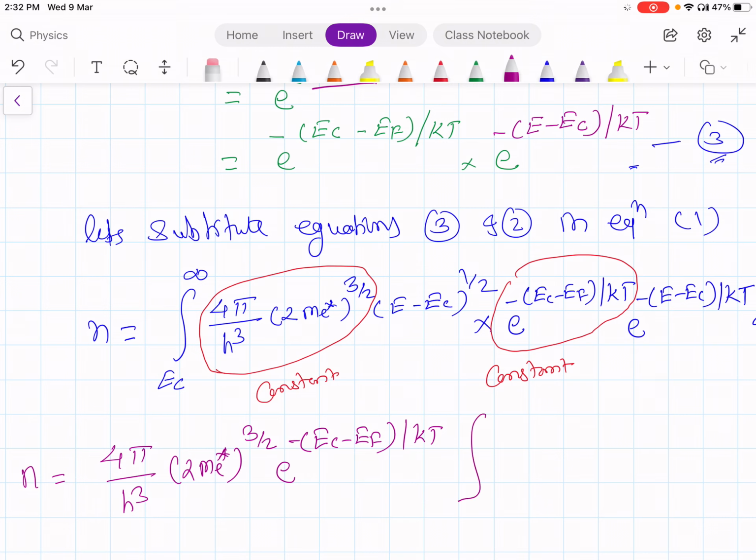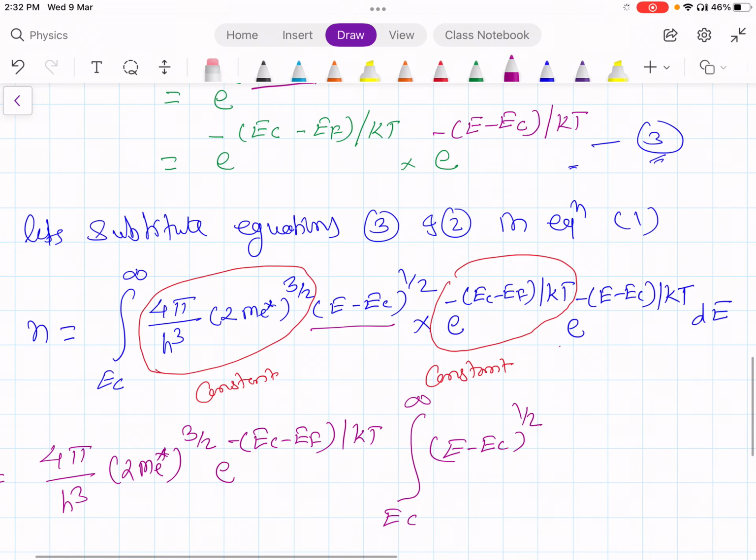Then the integration from EC to infinity remains: (E minus EC) raised to half, and then this term e raised to minus of (E minus EC) by kT, into dE.